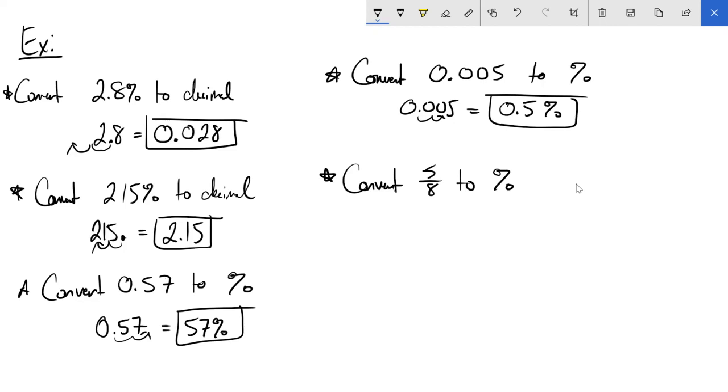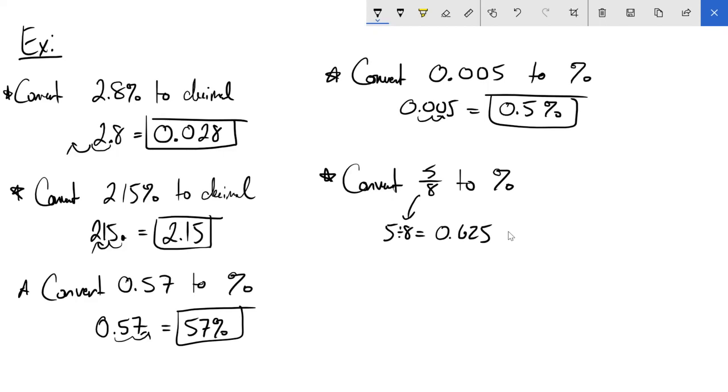Yeah, so the easiest way, if you've got a fraction and you're trying to convert it to a percentage, is just turn it into a decimal, right? So first, 5/8, we can just turn it into a decimal by taking 5 divided by 8. Okay. Well, if you do 5 divided by 8, what does it give you?